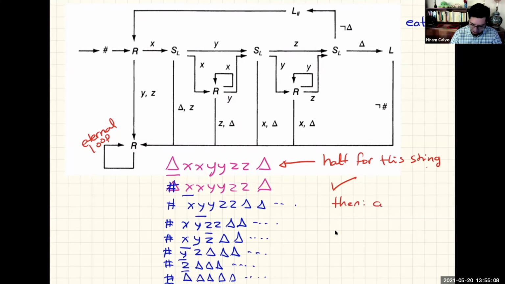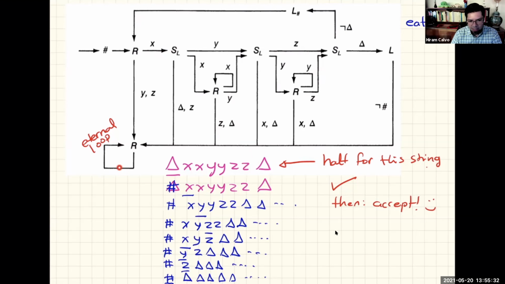Then accept. If at any point we have something that didn't match what we expected, for example, if we have X, then again, let's see a Z, X, Z, then go to this eternal loop. The eternal loop means the machine will never stop.